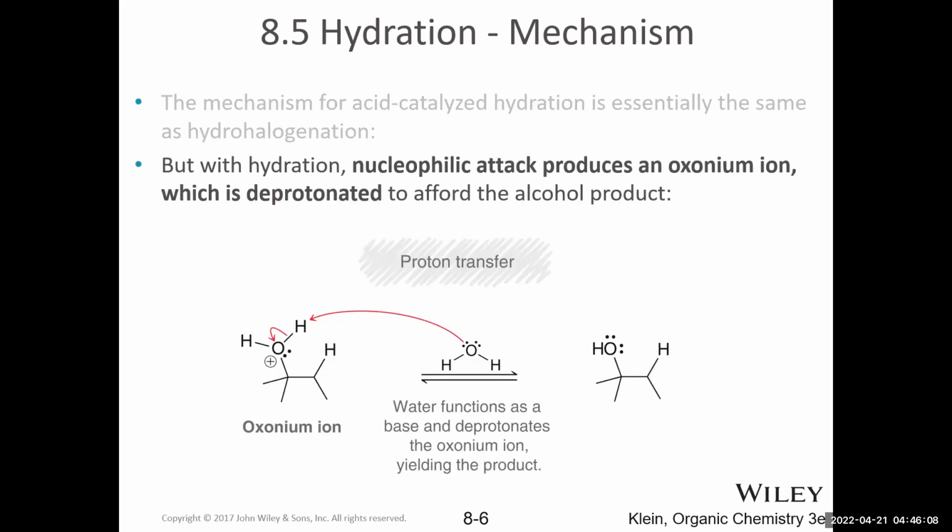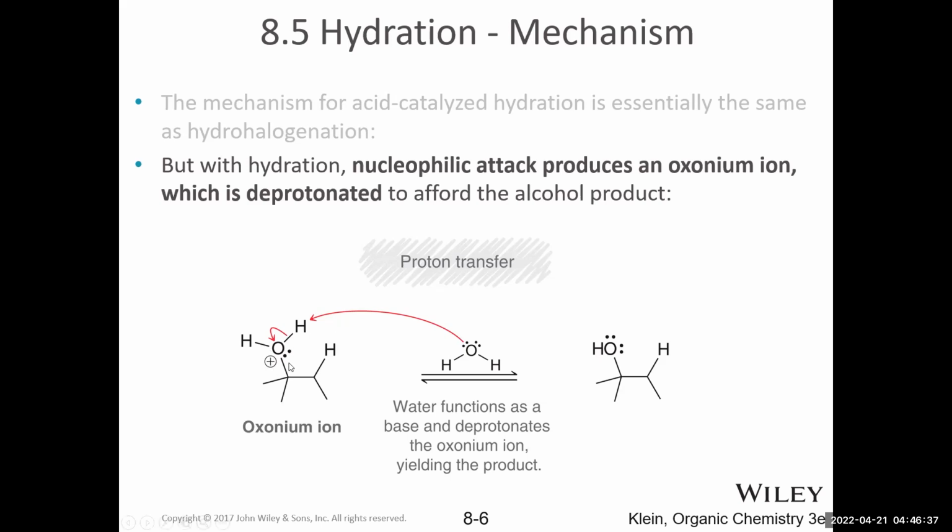The difference now with hydrohalogenation, which we studied last time, and acid catalyzed hydration is that with hydrohalogenation, after the proton transfer to form the carbocation, the halogen attacked the carbocation and the mechanism was done. In this case, water is attacking as the nucleophile, and an oxonium ion is produced.